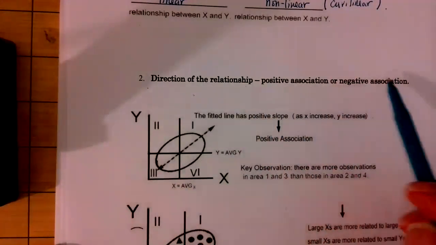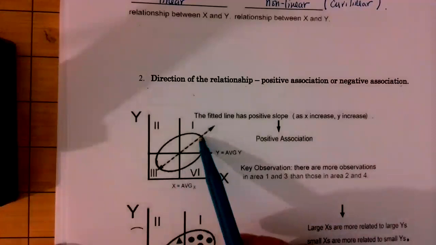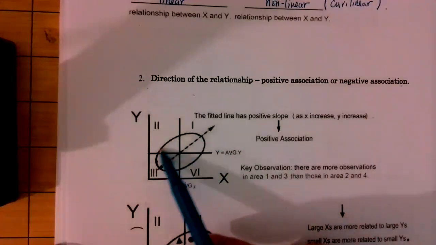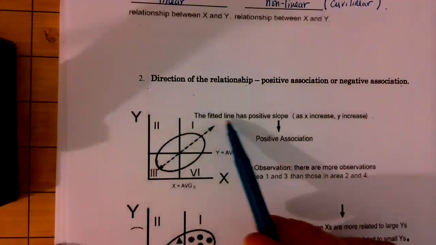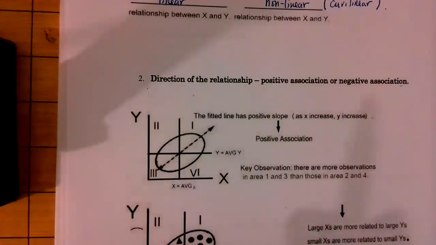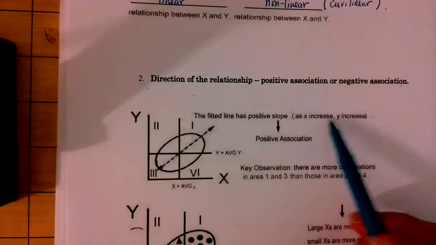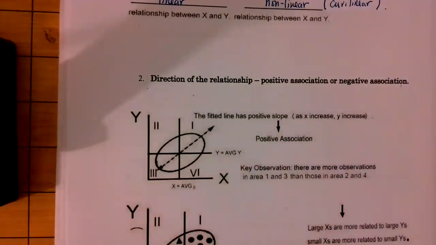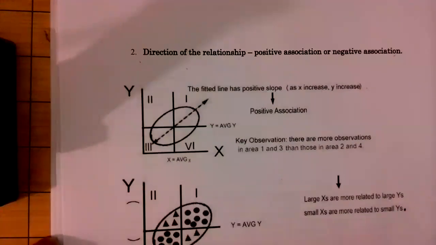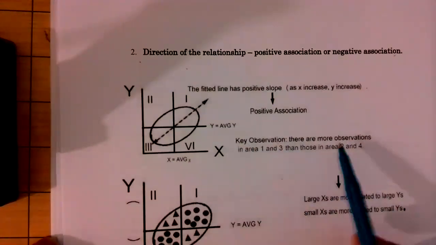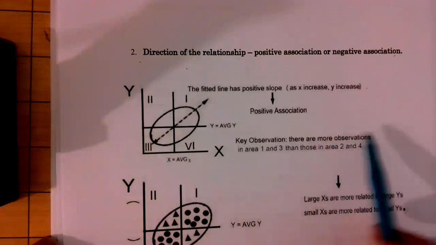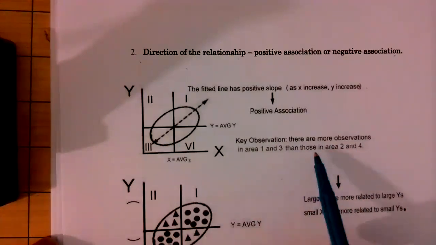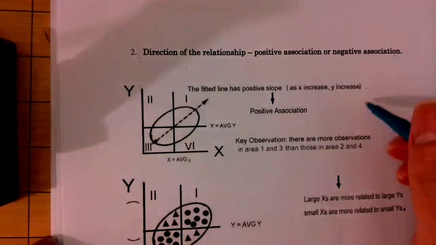Positive association or negative association. Suppose this is the scatter plot. The fitted line has a positive slope. That means as X increases, Y also increases. Positive association. For positive association, look here, key observation: there are more observations in area 1 and 3 than those in area 2 and 4.